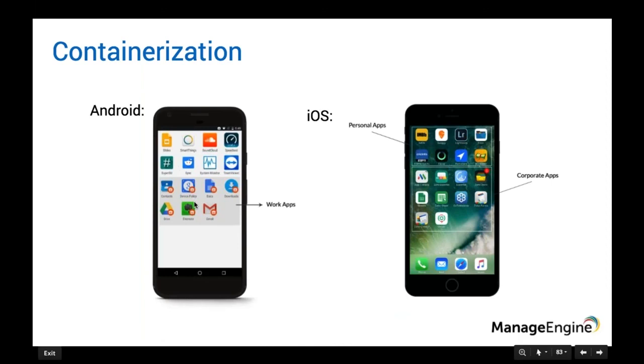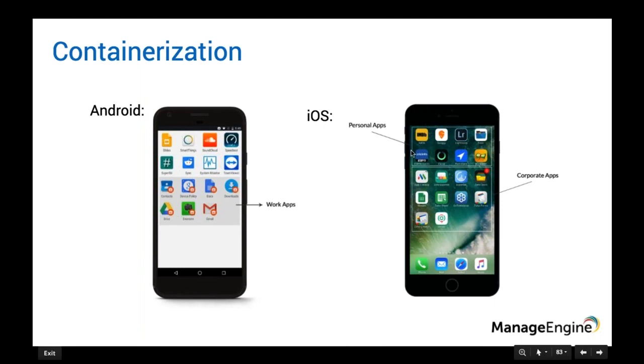In the case of an Android device, this can be achieved by provisioning the device as profile owner. Once this is done, all the work apps are indicated by a red briefcase icon. As these are work apps, the data present in them will not be shared to any other unmanaged app, nor can it be accessed by any other service or app.